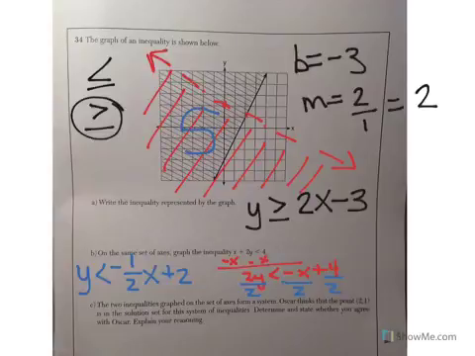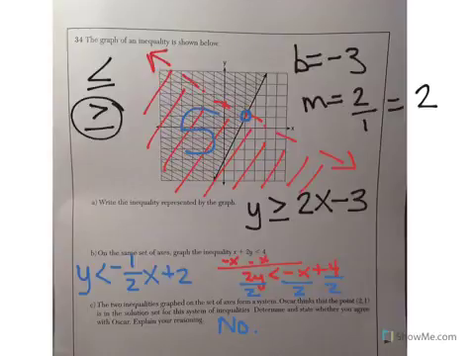Well, 2, 1 is right here, but even though it's on the line, it's actually kind of like the intersection point between these two graphs, Oscar would not be right.